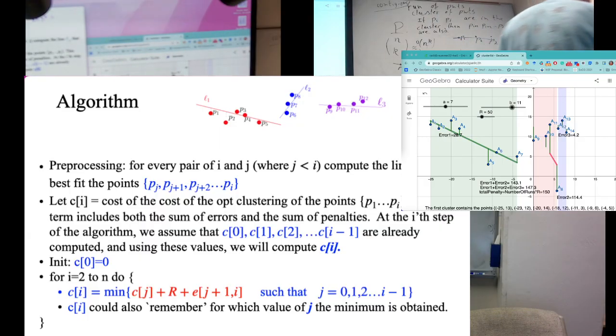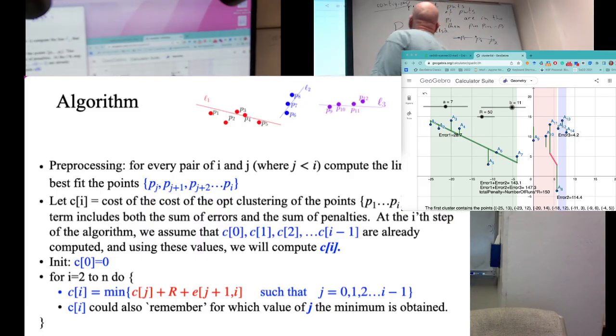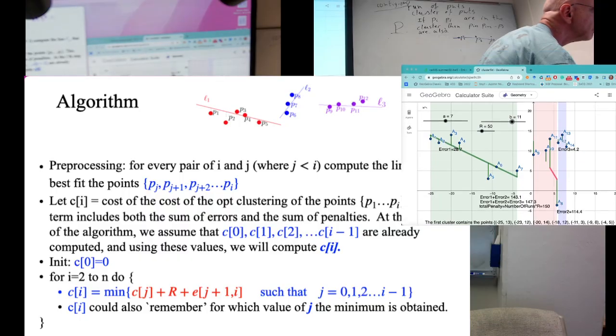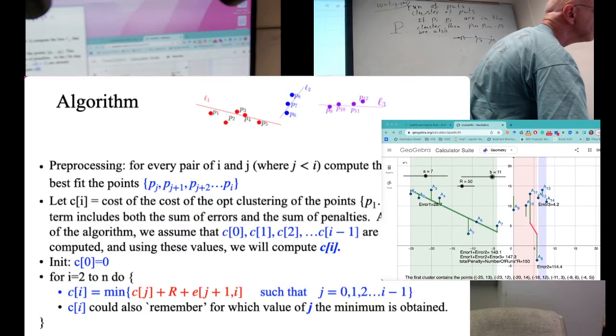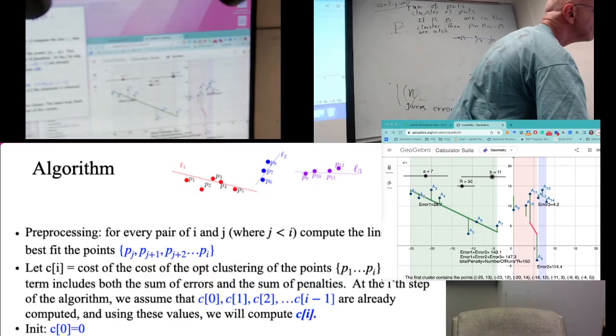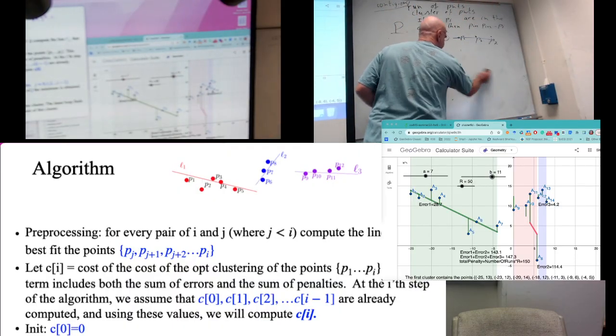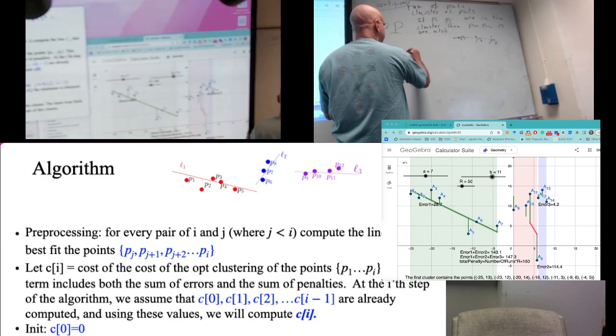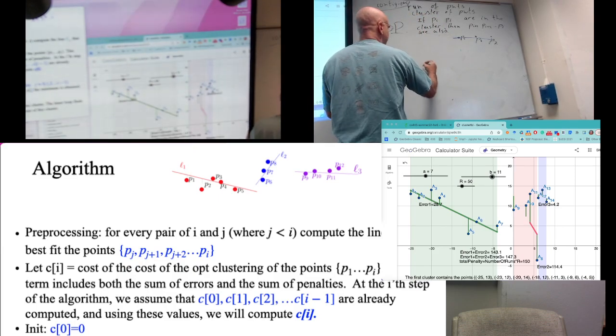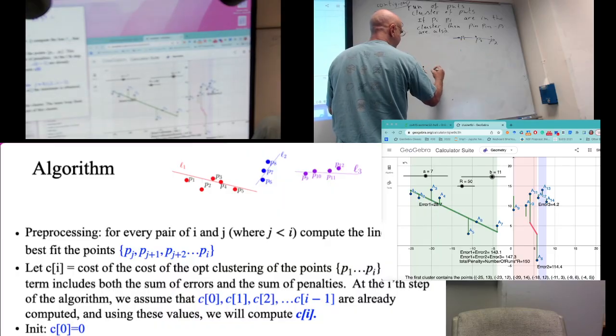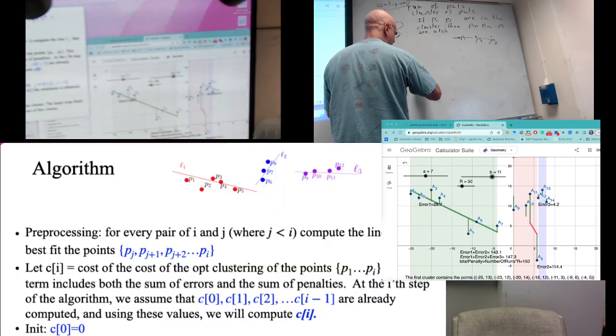Just for the warm-up, here is P1, here is P2, and I'm asking what is C1.